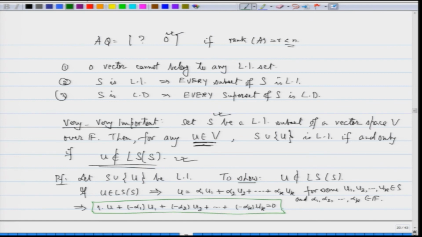Now, if I look at this, it tells me to look at the system: C times u plus C1 u1 plus C2 u2 plus Ck uk is equal to 0, in the unknowns C, C1, C2, Ck.